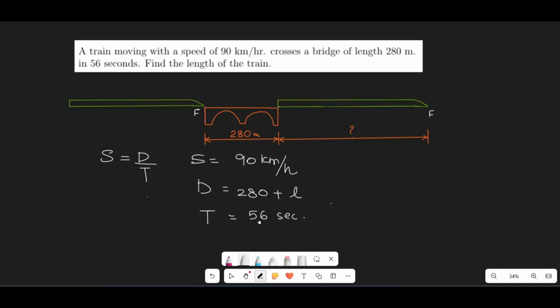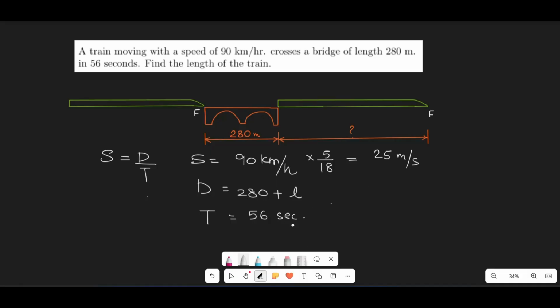Okay. Now here we need to match the units. Here the speed is in kilometers per hour, so we need to convert the speed into meters per second. You know the conversion. It is 5 upon 18. So we multiply 90 by 5 by 18. So we have 25 meters per second.